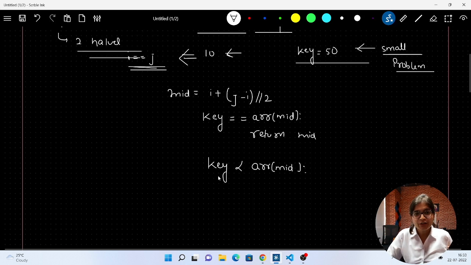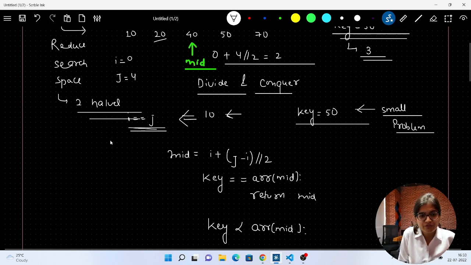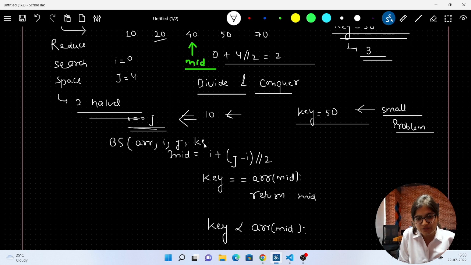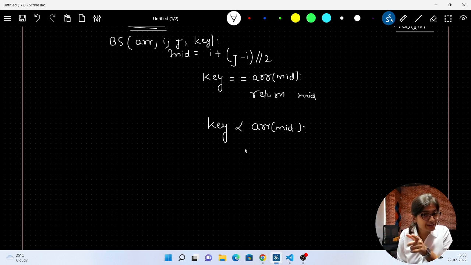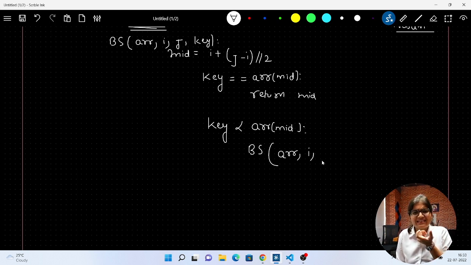Suppose you have called one function named binary search, which takes the complete array, the starting index, the ending index, and the value of the key. Now you can call the same function again. So here comes the recursion that we discussed in our previous class as well. We call the same function again with the same array and the same starting index, but now the ending index is not j.